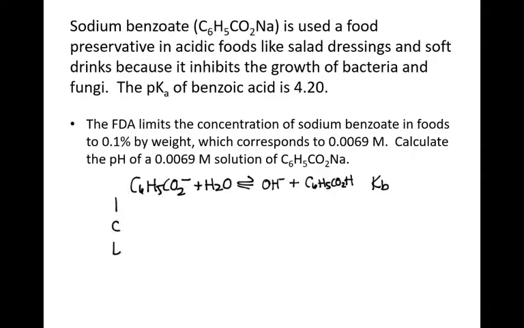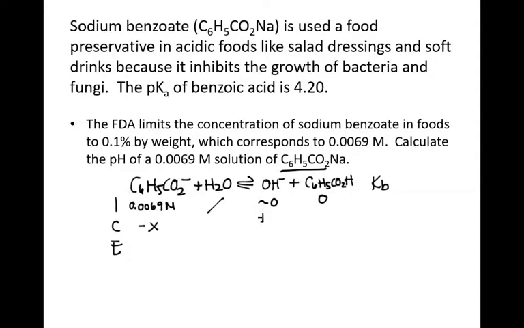So we're going to set up our ICE table. We know that the initial concentration of benzoate is 0.0069, the same as the concentration of sodium benzoate, because there's one benzoate ion for every mole of sodium benzoate. We know that water doesn't matter because it's a pure liquid, that the initial concentration of hydroxide in water is basically 0, and that there won't be any benzoic acid until after the reaction happens.